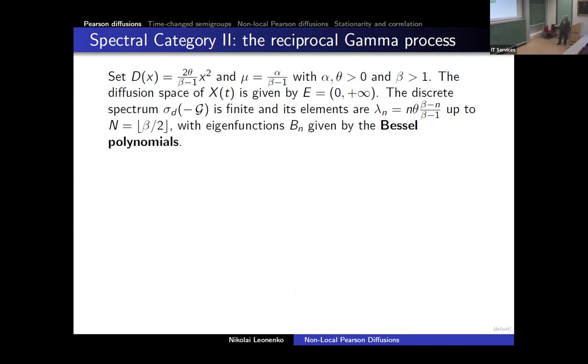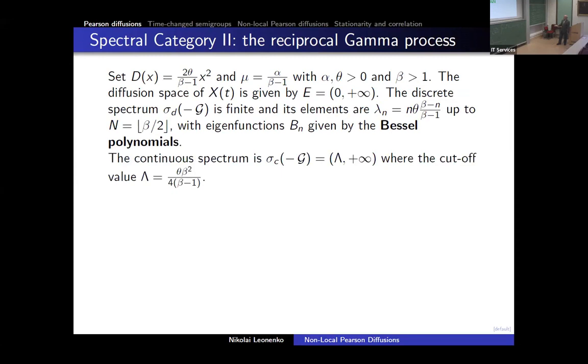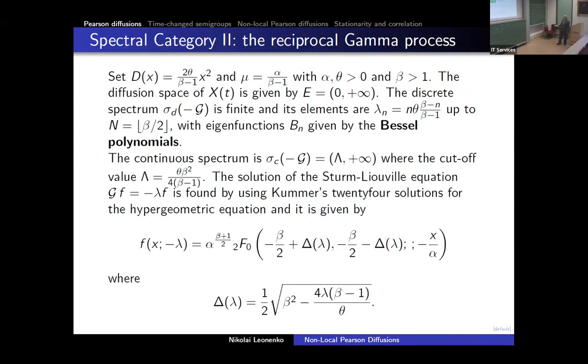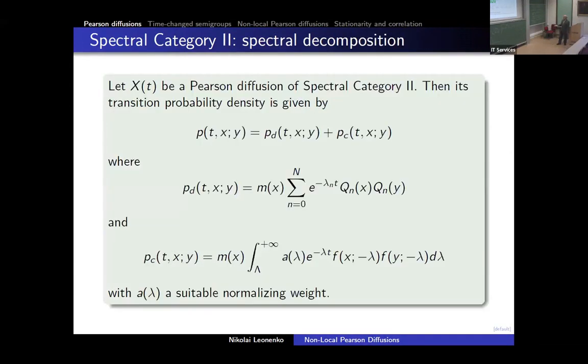Anyway, if you have a quadratic function of this form for d of x, then eigenvalues are quadratic, and eigenfunctions are called Bessel polynomials. They are well known, there are books about Bessel polynomials. And again, we have this type of picture, and that's the spectrum. The cutoff is of this form, depending on the parameter of the Pearson-Dekker polynomials. And again, the functions from the essential part of the spectrum are complicated, but explicit.